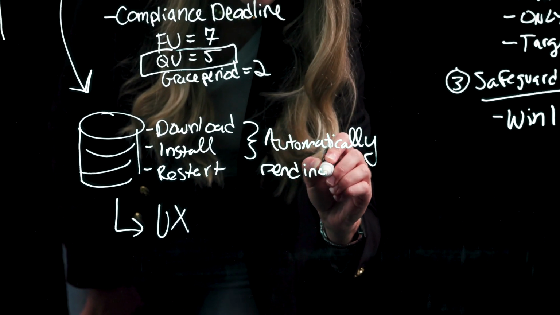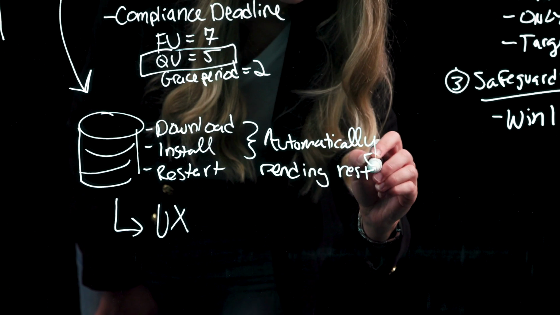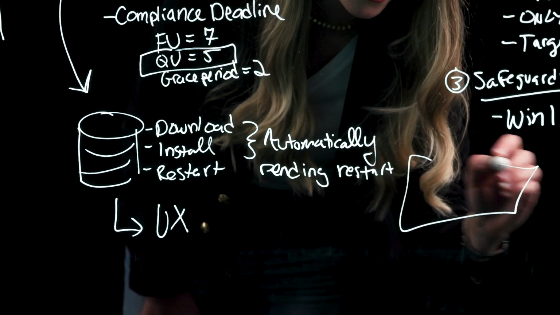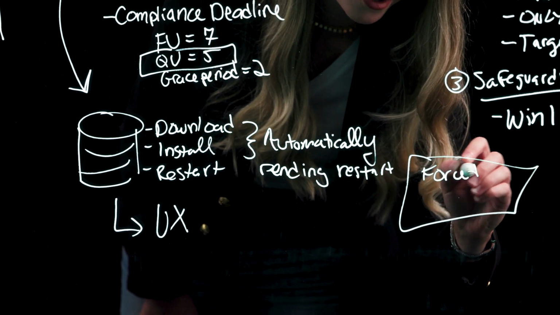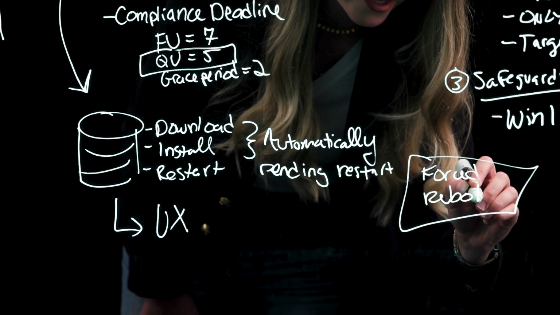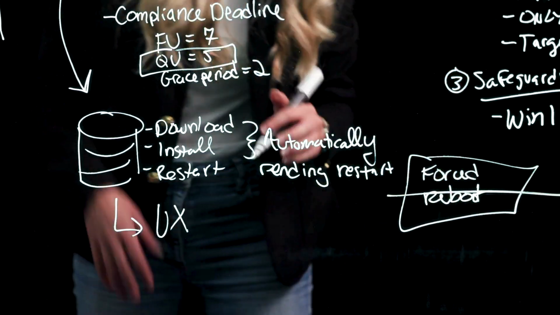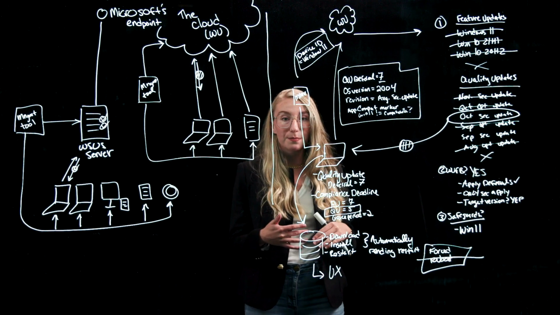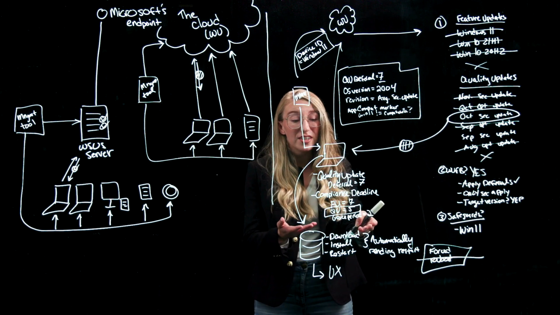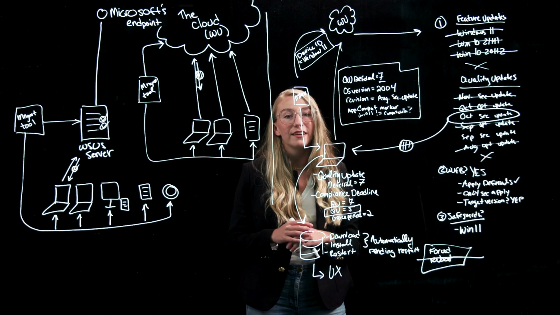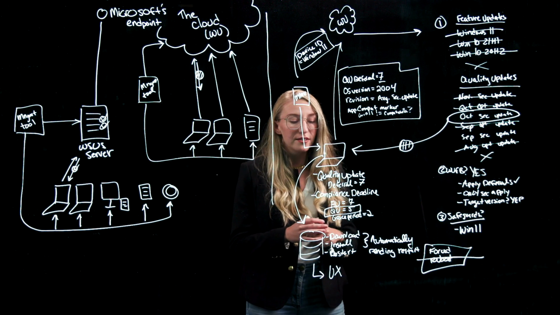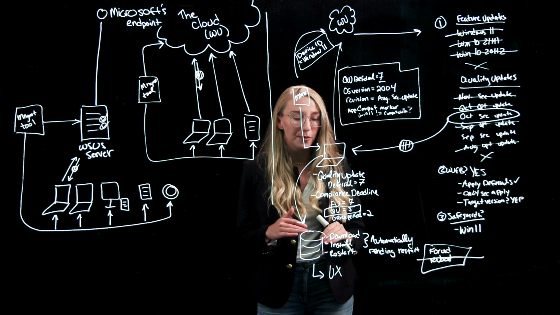Now, even though I was on vacation, I'm not going to instantly come back and see a forced reboot, which is the worst. Instead, it's actually going to tell me, nope, it's okay. You have a grace period. It's been more than 5 days since you were supposed to take this update, so we're going to download and install as quickly as possible.